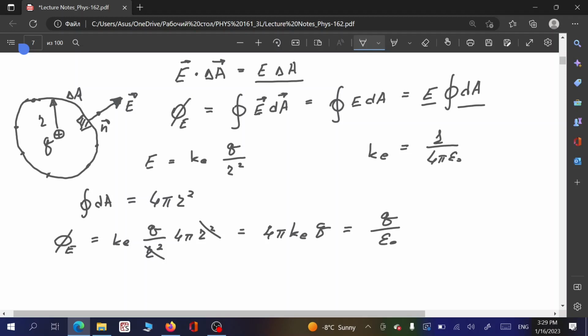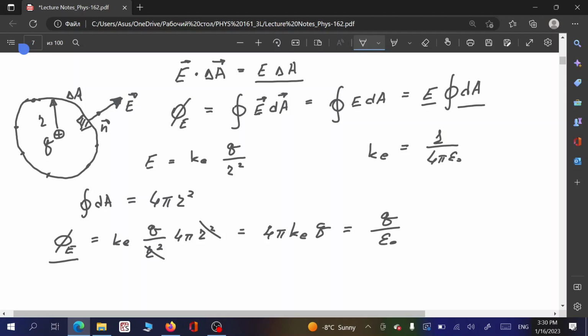So the total net flux of electric field created by this positive charge encircled in some sphere will be equal to the magnitude of this electric charge divided by some universal constant, the permittivity of free space.